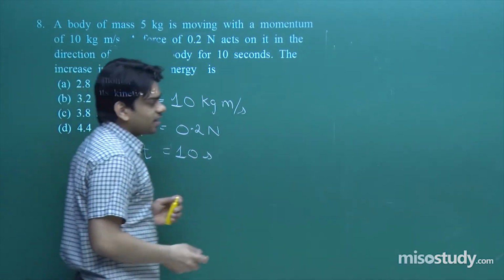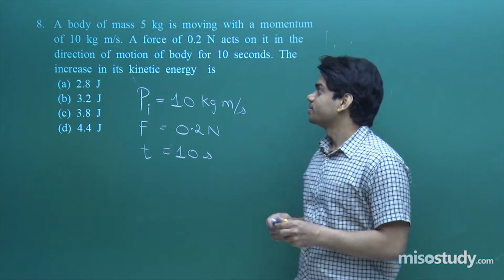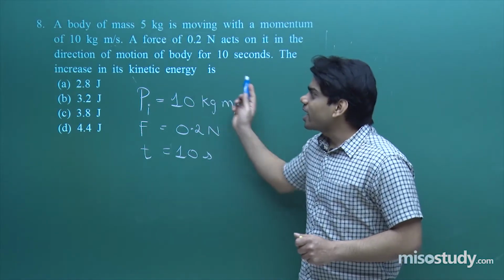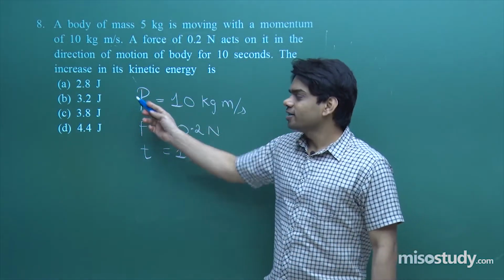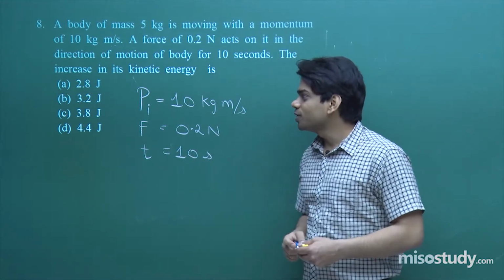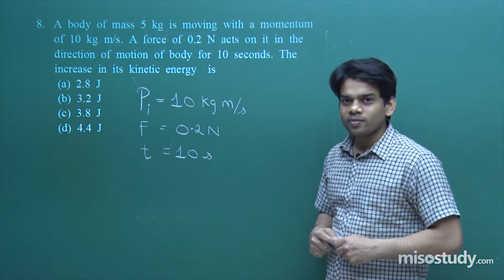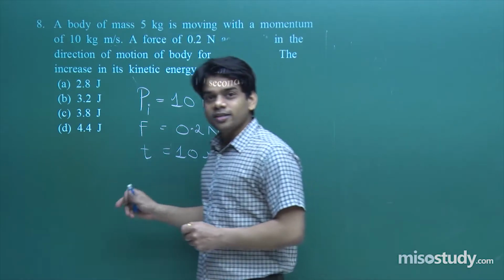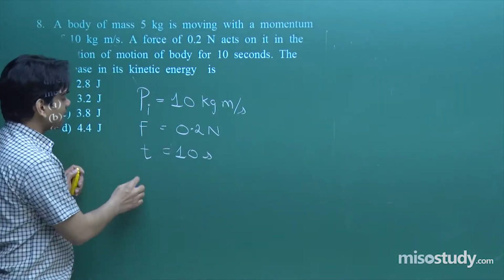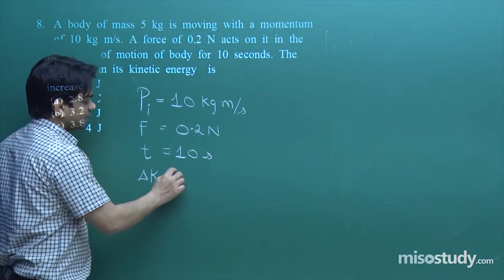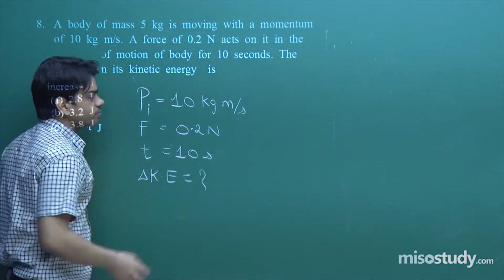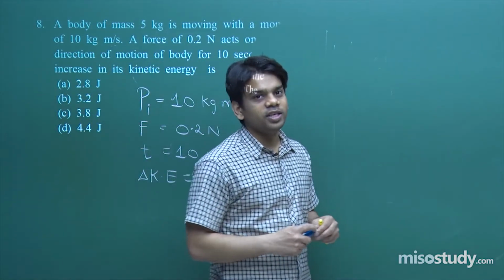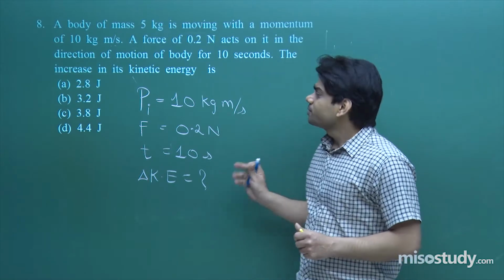This is the second information provided. The increase in its kinetic energy is A 2.8 joule, B 3.2 joule, C 3.8 and D 4.4. Let me write down what has been asked: increase in kinetic energy, delta KE, of the body.